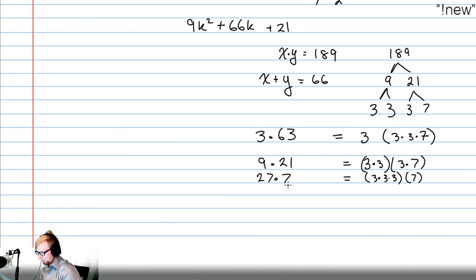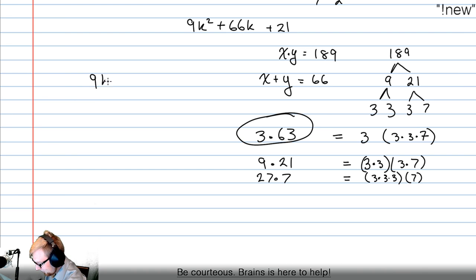Oh, okay. So it would be the 3 and then the two 3s times the 7 in the parentheses. Yeah. So you would have 3 times 63 would be the one that you would use, right? Okay. So it would be 9k squared plus 3k plus 63k plus 21, and then factor.